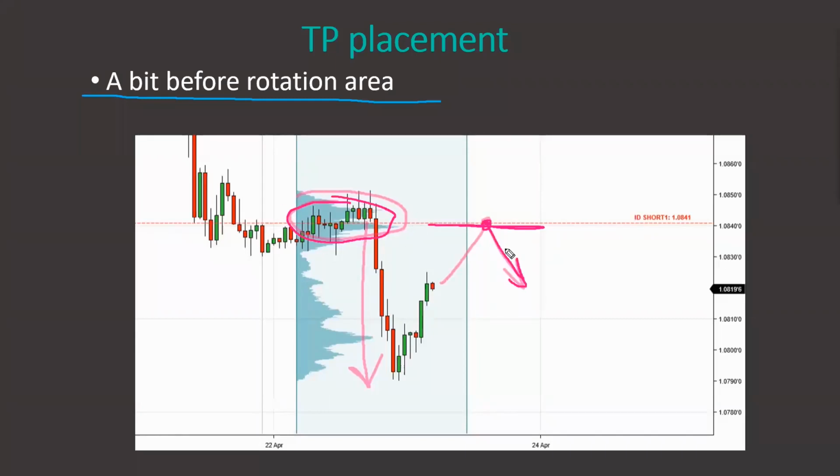So based on what you see here, there was a little rotation here, and that rotation is a good place for a take profit, right? Take profit from this short.